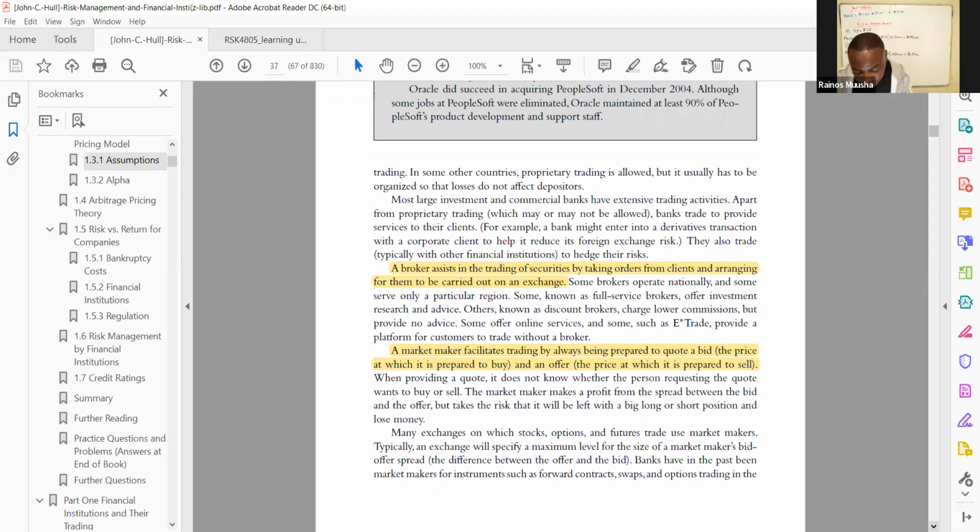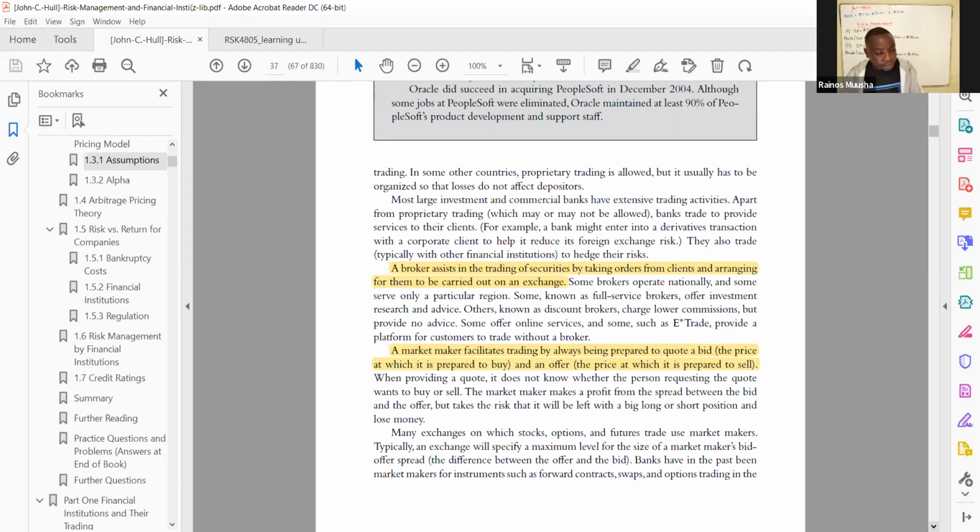Then on the next paragraph, they say, a market maker facilitates trading by always being prepared to quote a bid and an offer price as well. So a typical example of a market maker is what we find when it comes to the bank. When you want foreign currency, you go to the bank, and then they'll tell you exactly how much they're selling you the foreign currency for, which is the offer price.